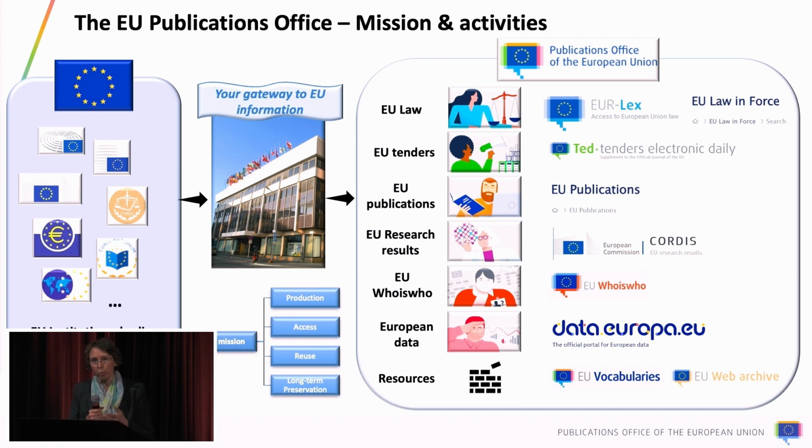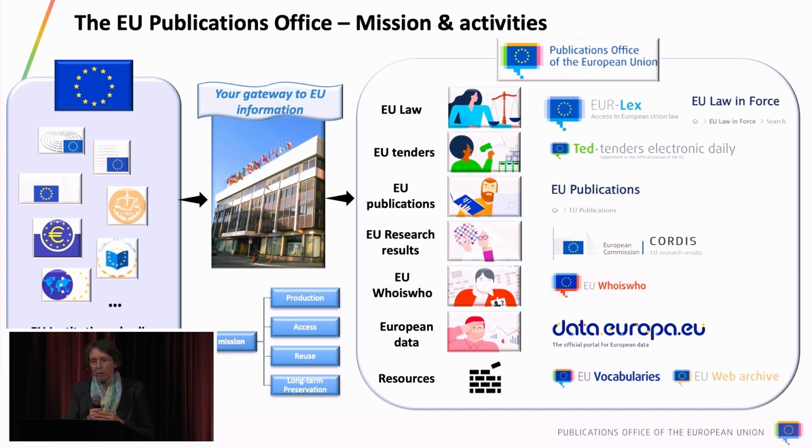We have to produce the publications authored by the EU institutions. We have to give access to those publications. We need to ensure the reuse of all the information, data sets and information published. And we need to archive for the long term what has been published.